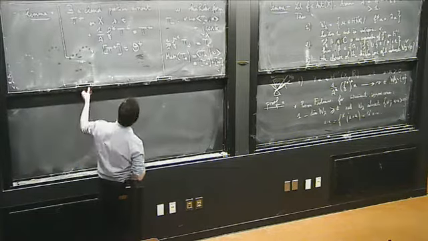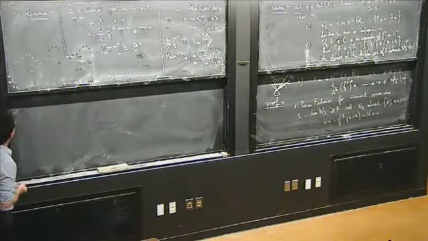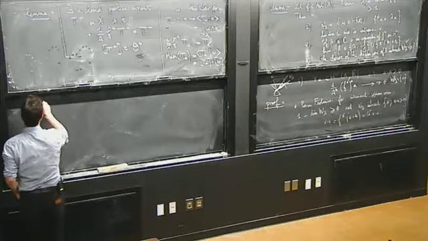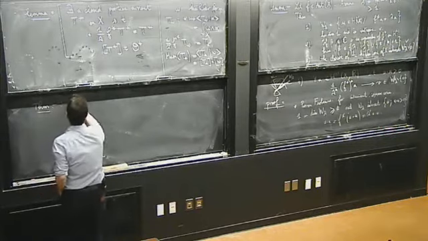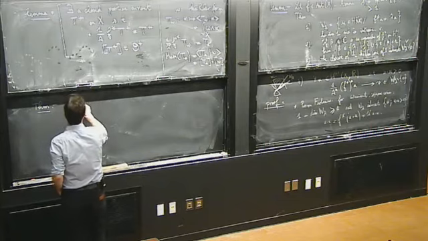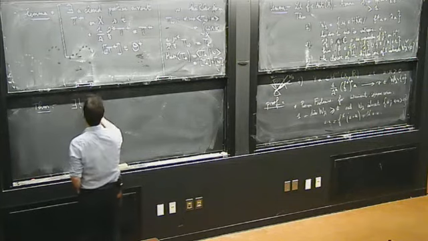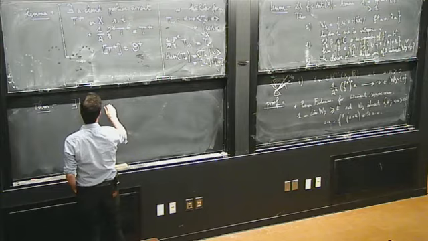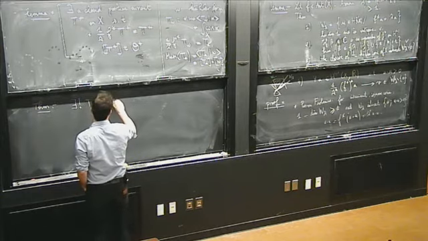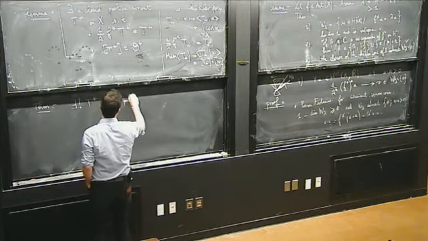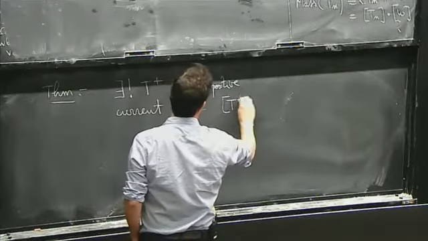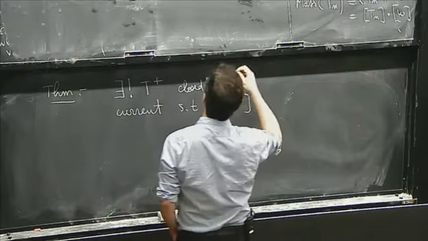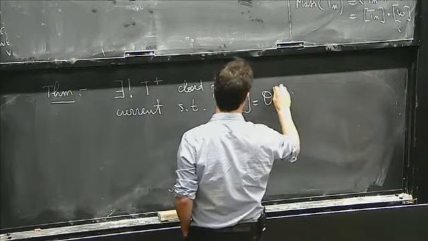Okay, so the point which is not trivial is the following. In fact, you can prove a better result. There is a unique T plus, which is a closed positive current, such that the cohomology class of T plus is theta plus.